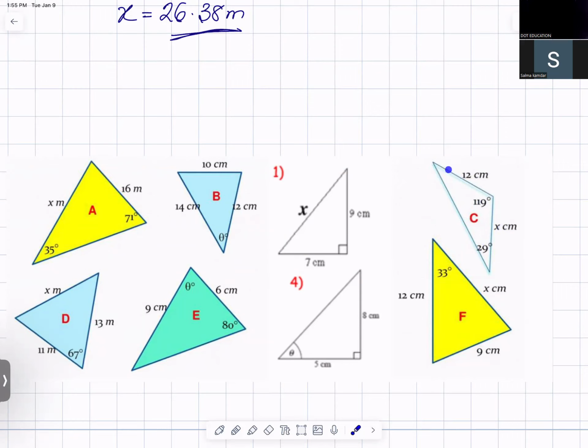So you can find the third angle given here because the matching opposite is there. And have in mind that the sum of angles in a triangle is 180 degrees. So you have to find the third angle in order to be able to find your x value. So when you find that, you can solve for this triangle.